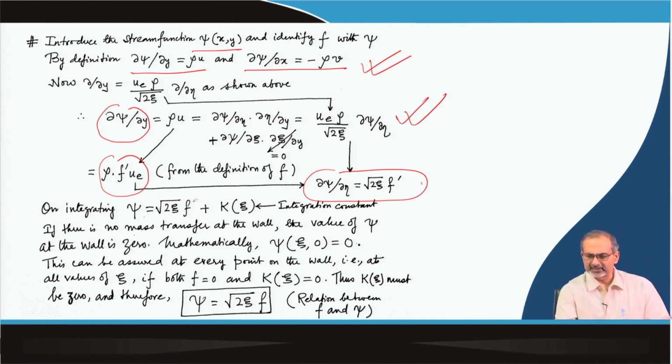Now, if you integrate this relation, there will be an integration constant which can depend on xi, and we can argue that if we apply the wall boundary condition, then k xi can be shown to be equal to 0, in which case you have a very nice compact relation between psi and f related by psi equal to under root 2 xi times f.